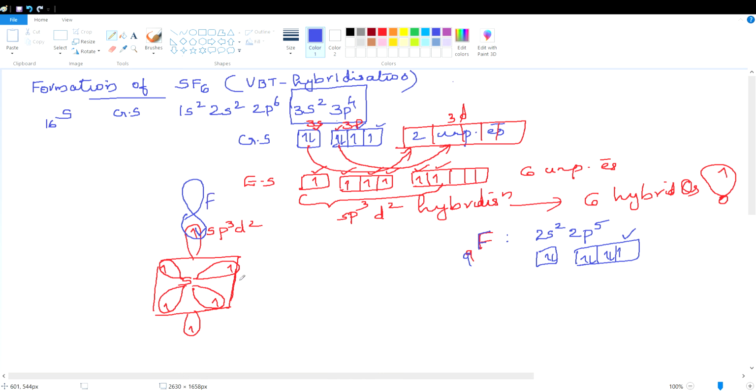So this results in sharing. There are 6 fluorine atoms. So each of the sp3d2 hybrid orbitals would overlap with the half filled p atomic orbital on the 6 fluorine atoms.